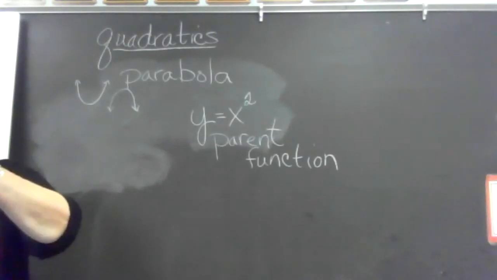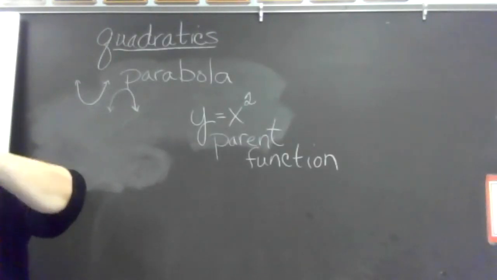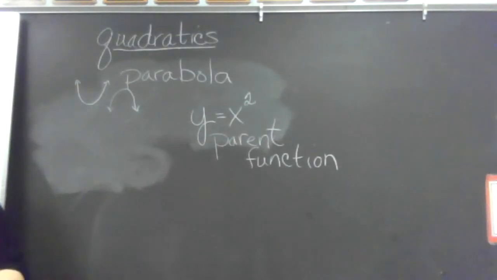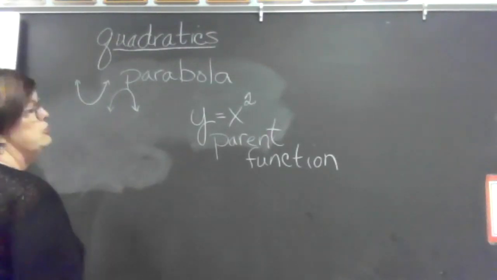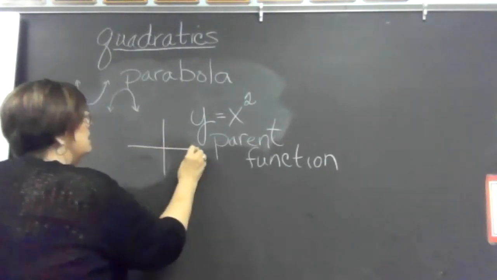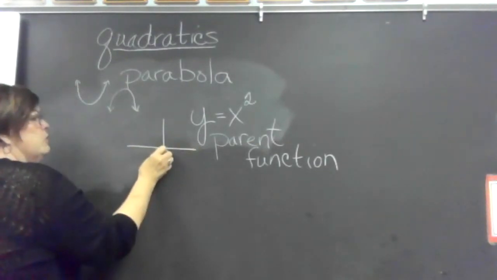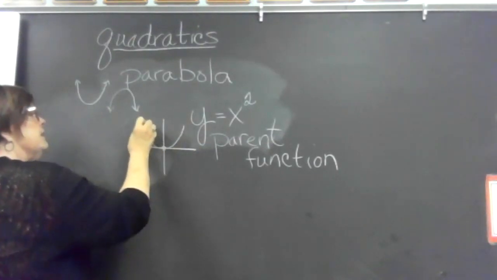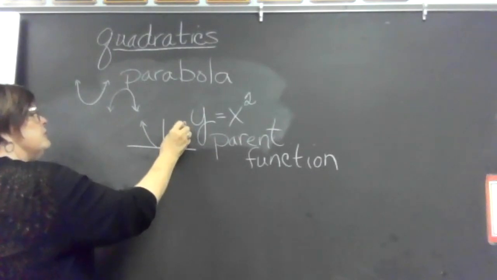There was first a parent, and then there were changes and whatever, and it became you, right? So this is the parent function, and the parent function will put the parabola starting at the origin and its arms moving up. This is what the parent function looks like.